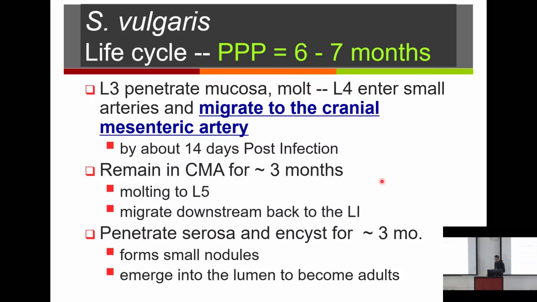This L5 stage larvae then come back into the large intestine and penetrate into the serosa or make a cyst formation within the large intestine, form a small nodule, and then emerge into the lumen to become adult. So this is how the life cycle of Strongylus vulgaris goes. The important point is this parasite has a migratory behavior, and it migrates into the cranial mesenteric artery.